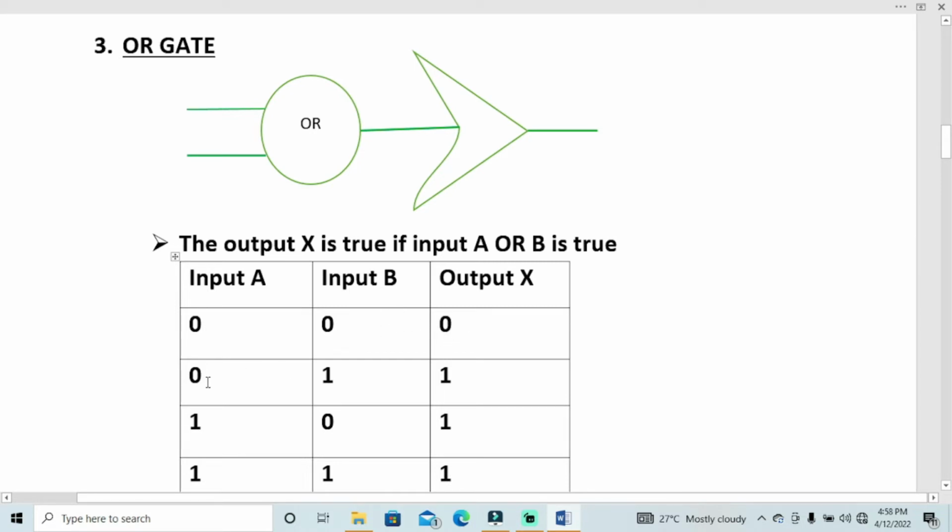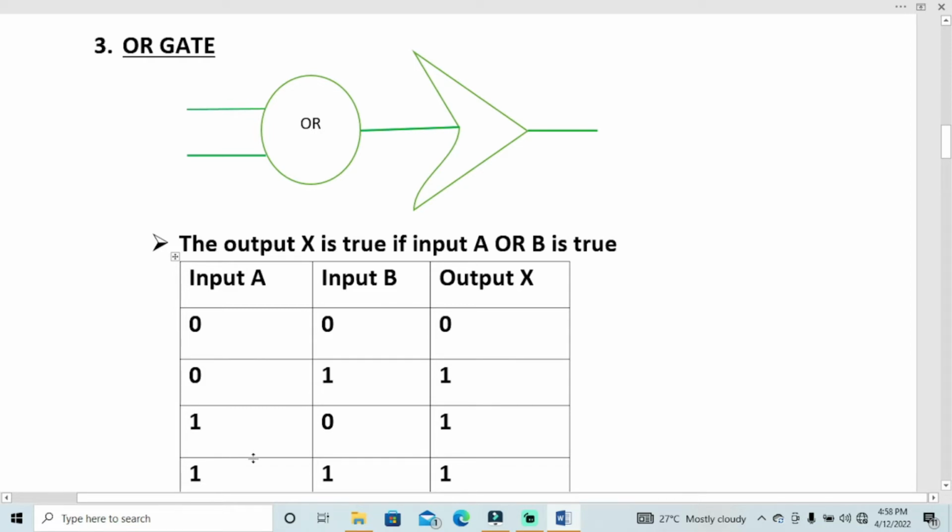In the second case, we have A being 0, which means it's false, but B is true, and since it's A or B, if either is true, then X becomes true. We have the output X as 1. As well as in this situation where A is true but B is false, which means output X becomes true.